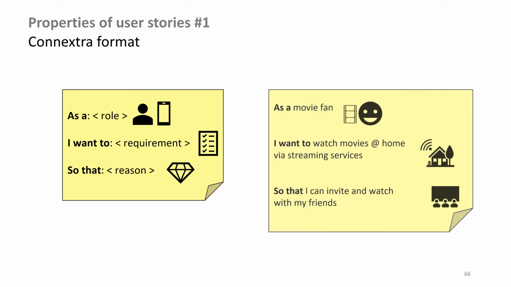Here is an example that some of you may know. As a movie fan, I want to be able to watch movies at home via streaming services, so that I can invite and watch with my friends. Another example.